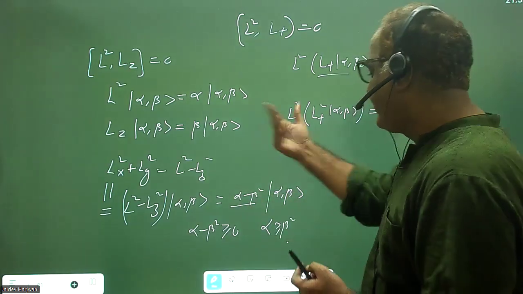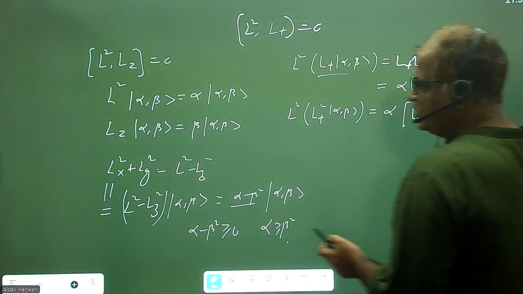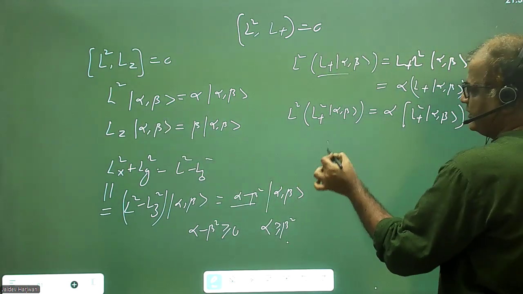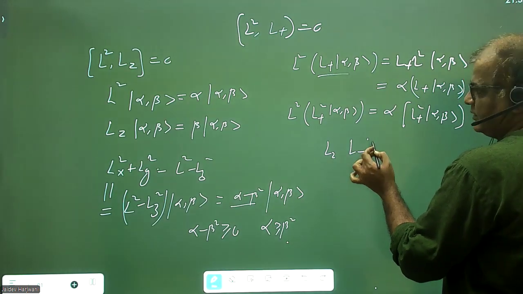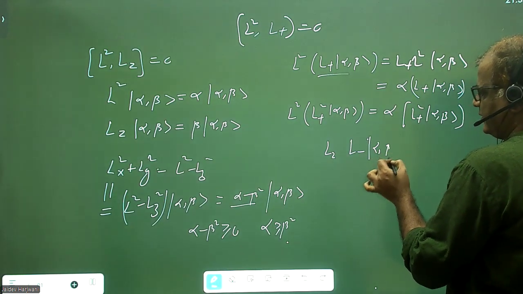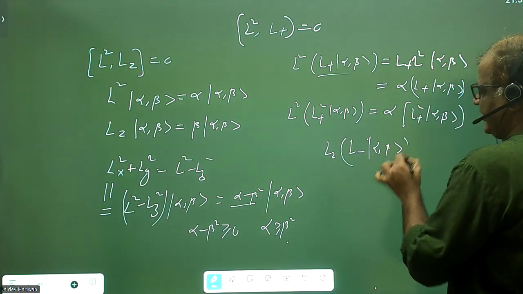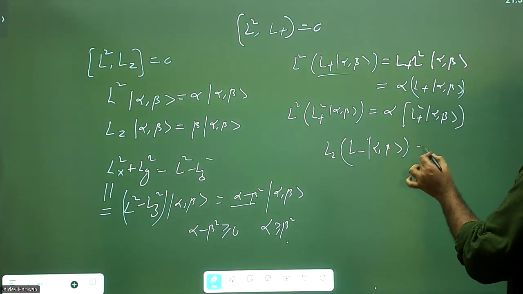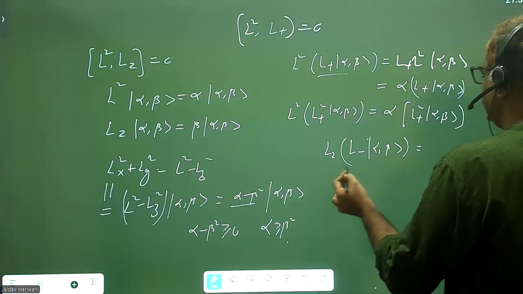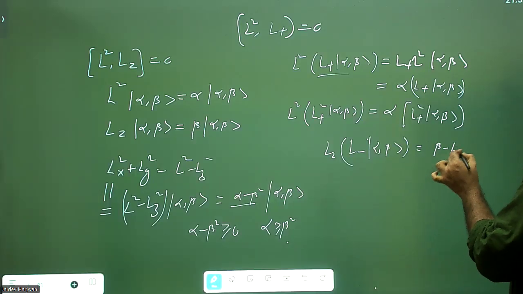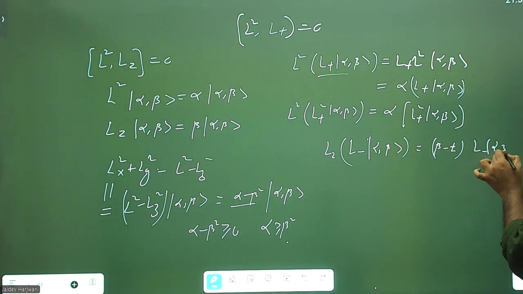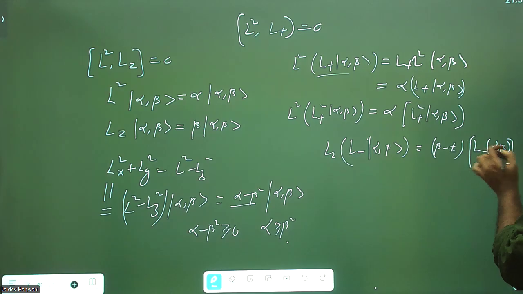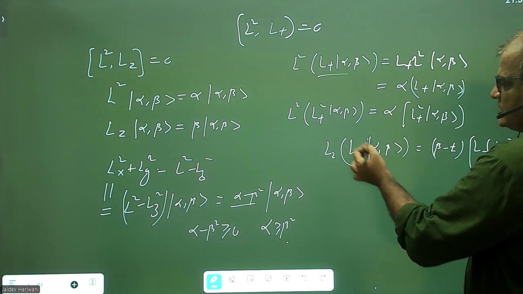In the same way, we can show that when my Lz operates on L minus alpha beta, the eigenvalue decreases by h cut, and this is the eigenstate with a lowered eigenvalue. And similarly we can apply L square.